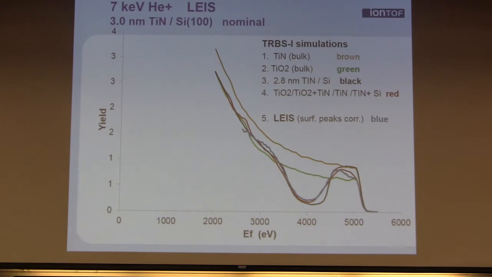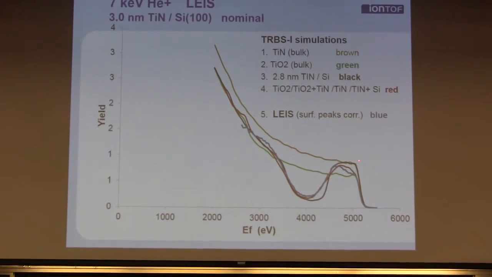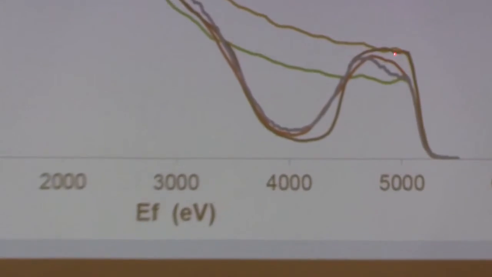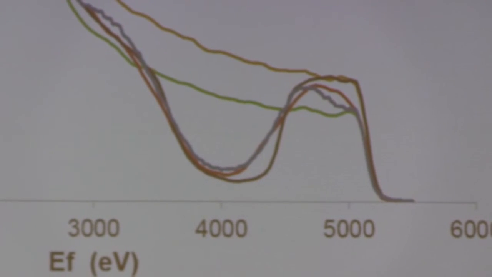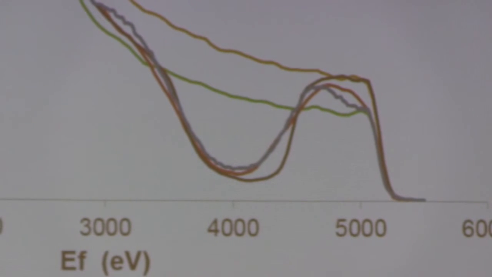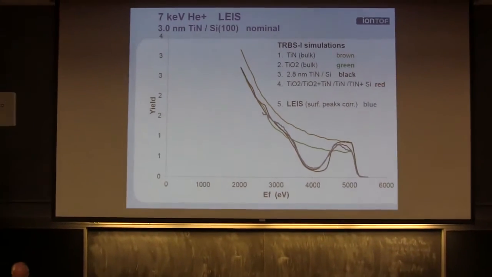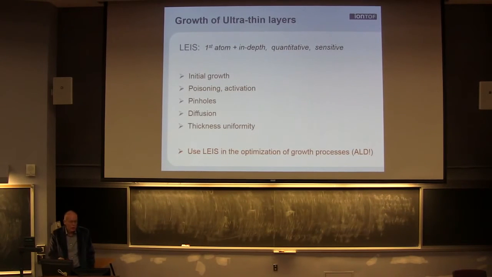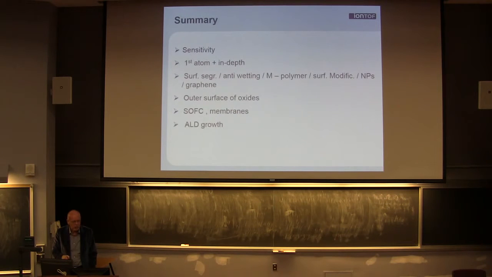At the surface, it's titanium oxide, it got oxidized. You see in blue, the real life, it is lower than the simulation. And here you see that it also diffused in, and so you have to change the parameters in the ALD growth if you want to get a well-defined layer. So, initial growth, poisoning, pinholes. For ALD, this is a very strong thing.